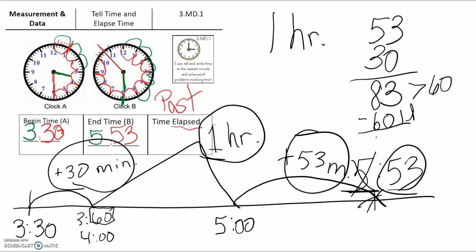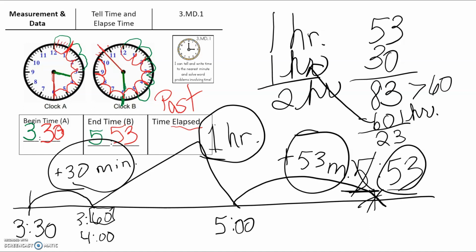That's 1 hour. So I'm taking away minutes that are equal to an hour. That leaves me 23 minutes. So I need to take this 60 minutes or 1 hour, put it over here. I have 2 hours and 23 minutes. Wow, I made a mess of this one today. 2 hours, 23 minutes. So that concludes our elapsed time.